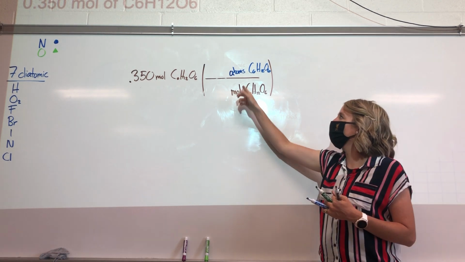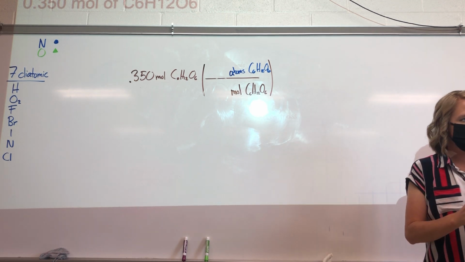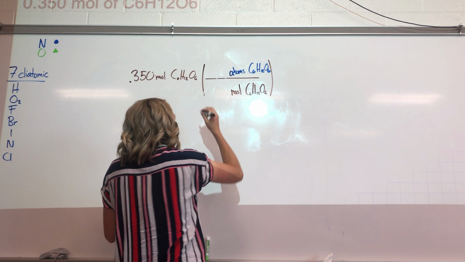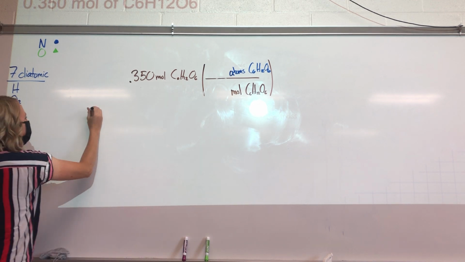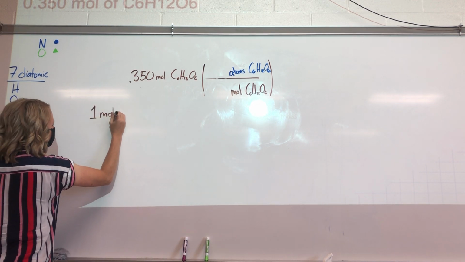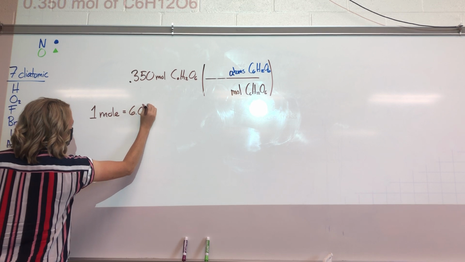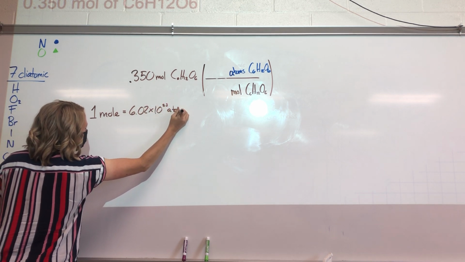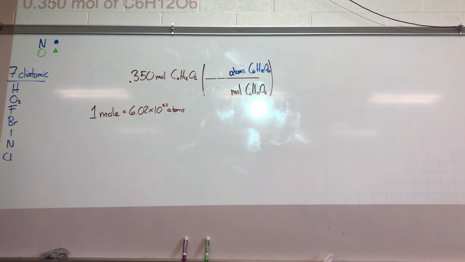What's the connection between the mole of something and atoms of something? 6.02. That number. Good. So 1 mole of anything equals 6.02 times 10 to the 23rd atoms, or anything technically.